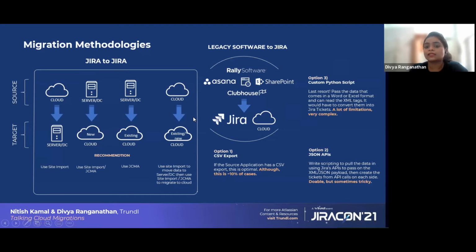In the later slides, we will explain what tools are available to do cloud to cloud migration directly. In order to do this process, first we need to migrate the cloud instance to a server DC instance through a site import, and then from the server instance to the cloud instance through either site import or JCMA, based on whether the cloud instance has existing data or is a new cloud instance.